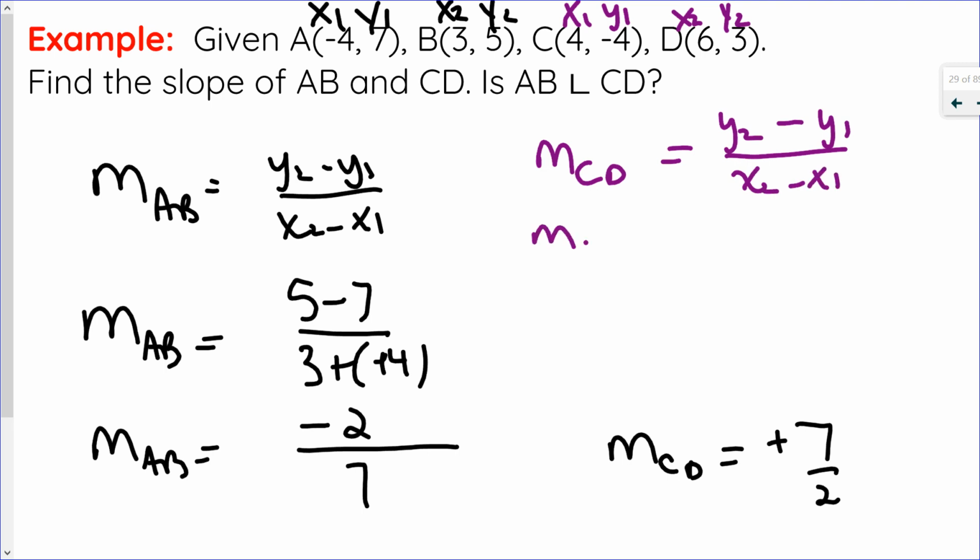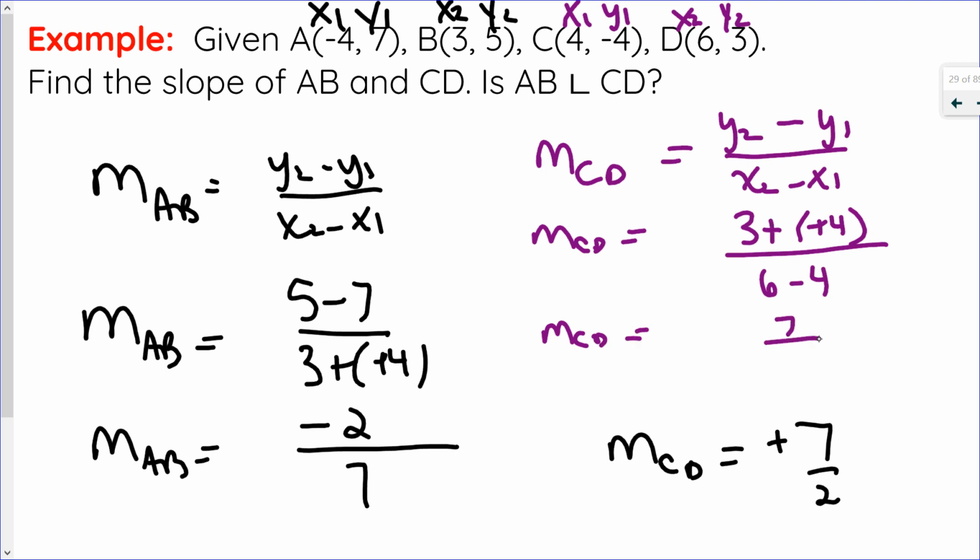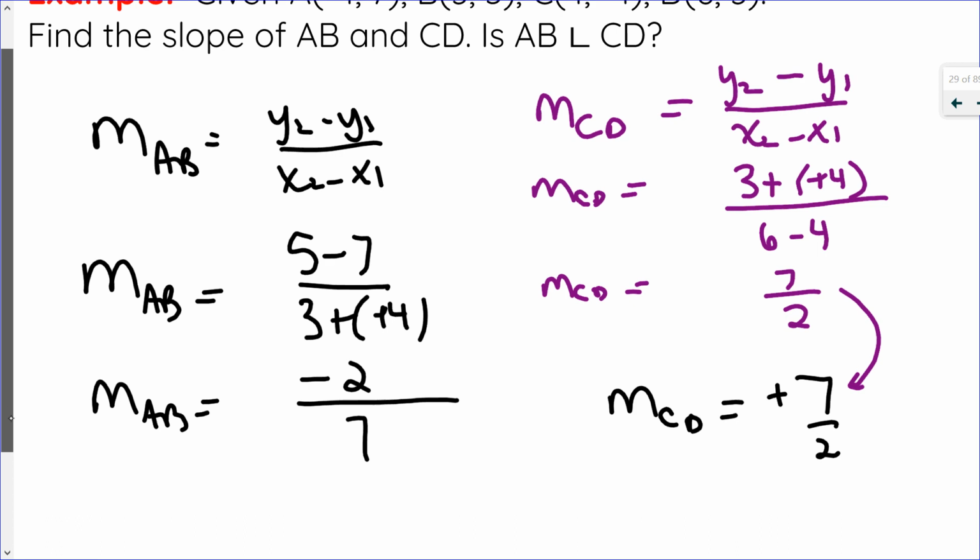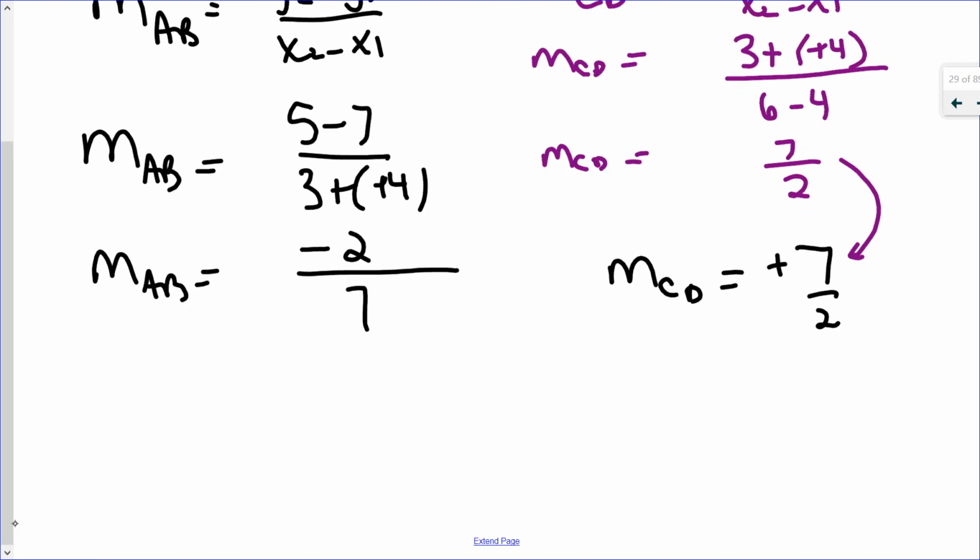So the slope of CD is 3 take away negative 4 over 6 take away 4. So the slope of CD is equal to, take away a negative is a positive 7 over 6 take away 4 is 2. And it's what we wanted it to be. So since the slopes are a negative reciprocal, I can say that the line segments are perpendicular.